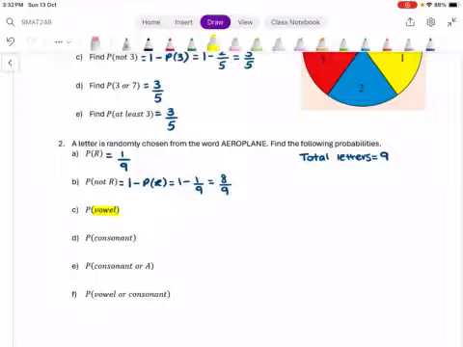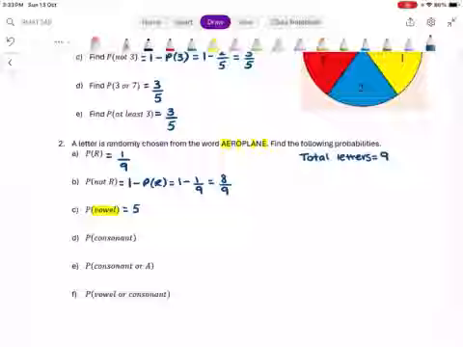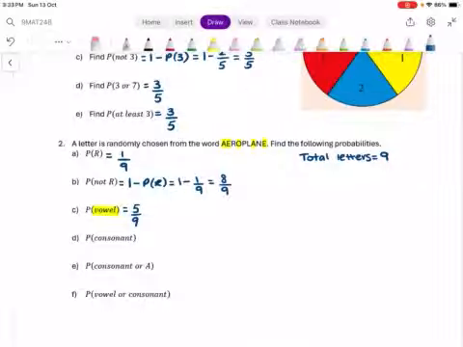So the probability of a vowel is 5 over 9. Our consonants are then the other letters in the alphabet, and in this case, they are R, P, L, and N. So there are 4 out of 9.